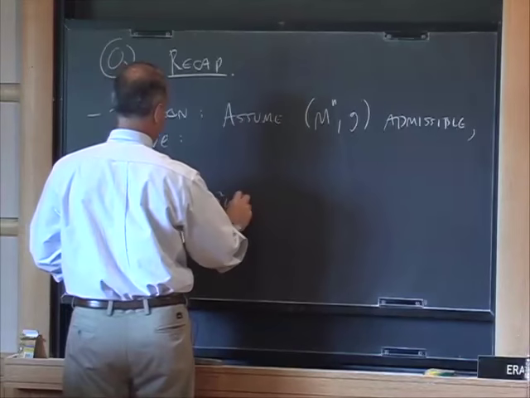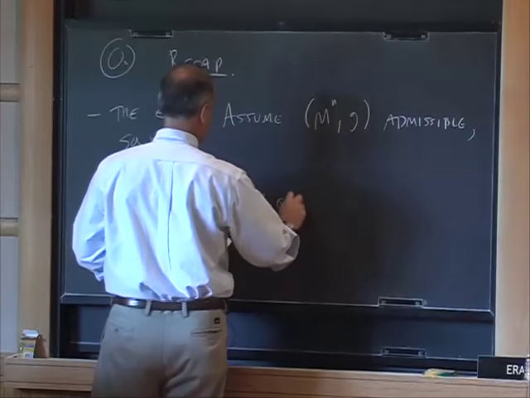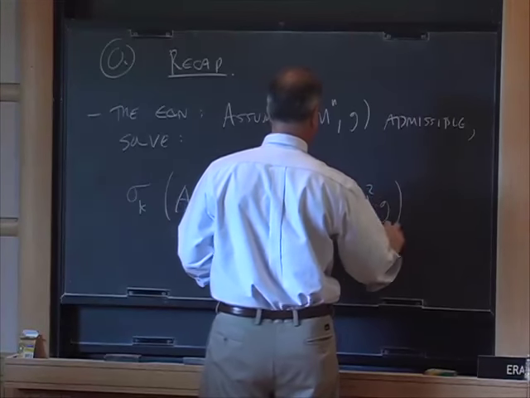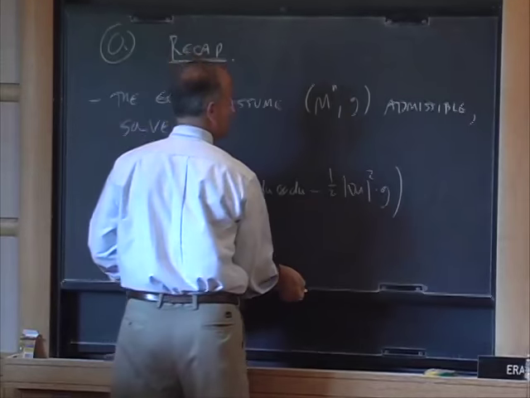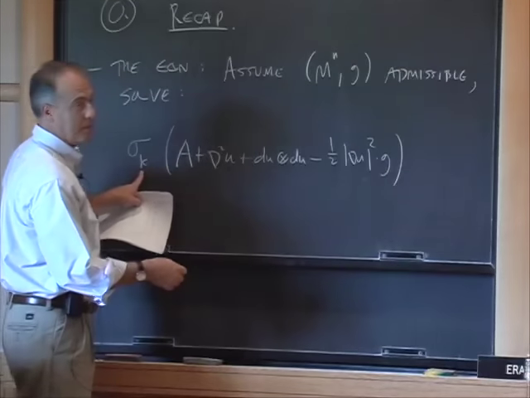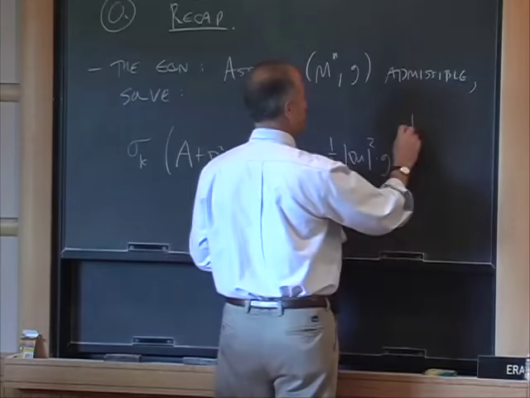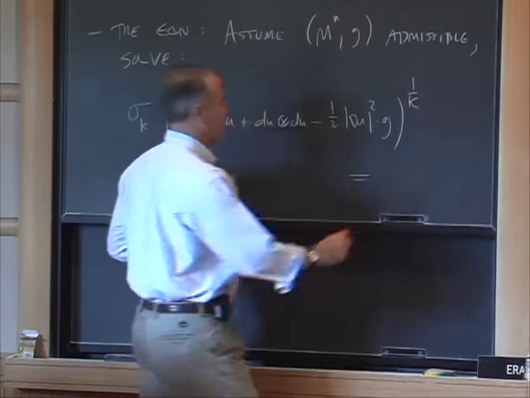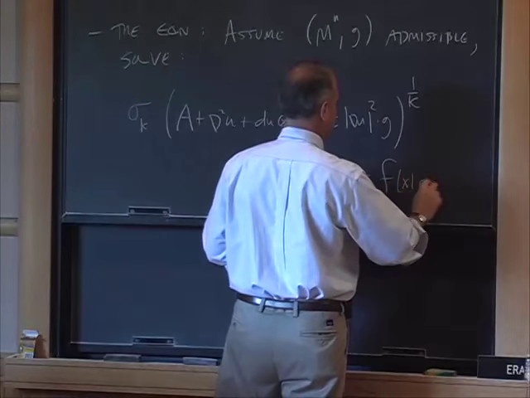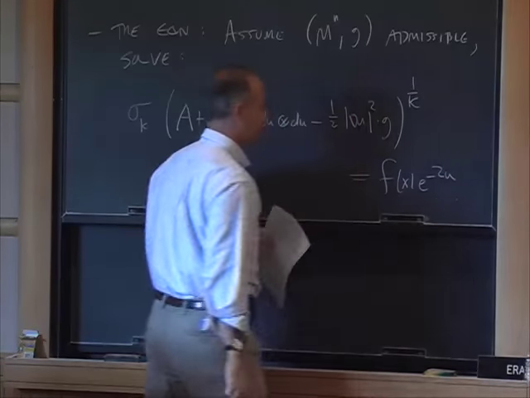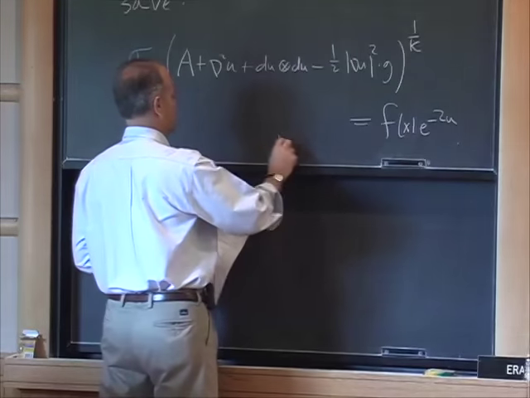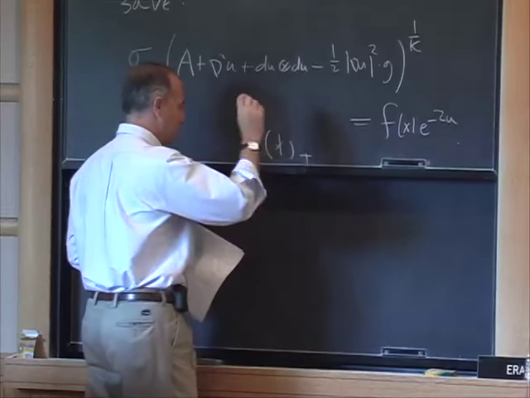Let me remind you of the formula here. So this is the conformal Schouten tensor. We want to basically prescribe the kth symmetric function, and for homogeneity reasons, let's take the kth root here. This is going to be equal to f e to the minus 2u. Okay. And we call this star plus.